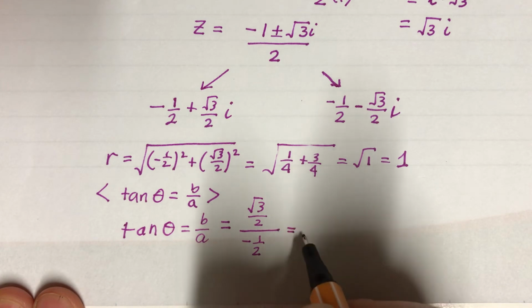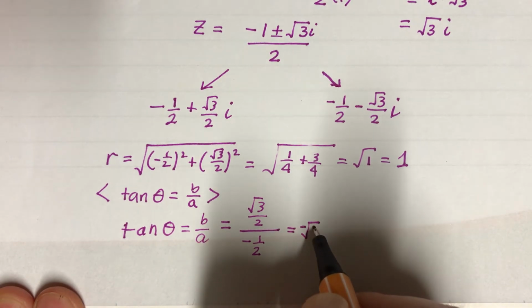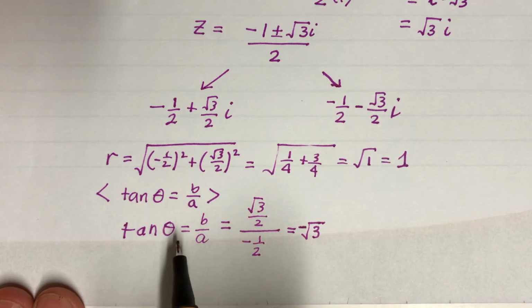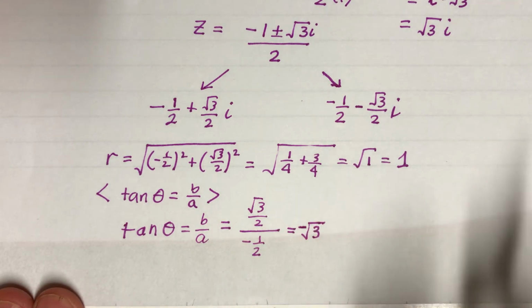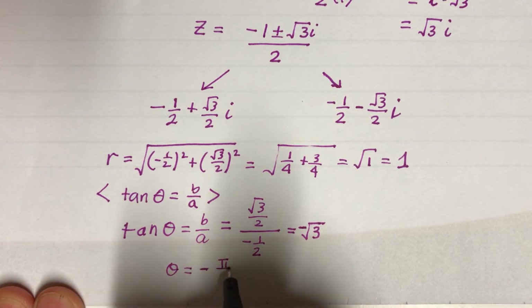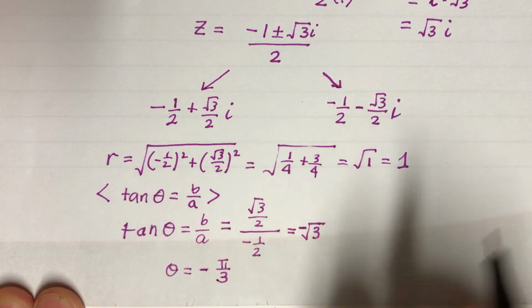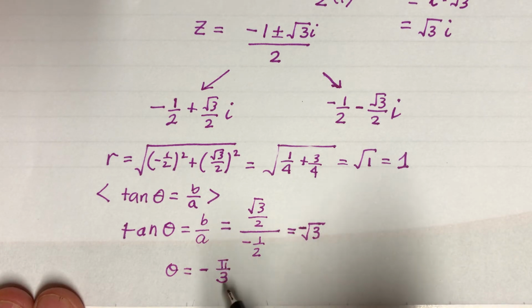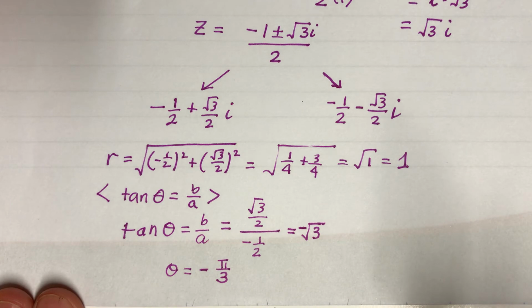We end up with negative root 3. Okay, so tan theta equals negative root 3. So theta will be negative pi over 3, because that's a 60, isn't it? But it's a negative, so pi over 3 is actually 60.